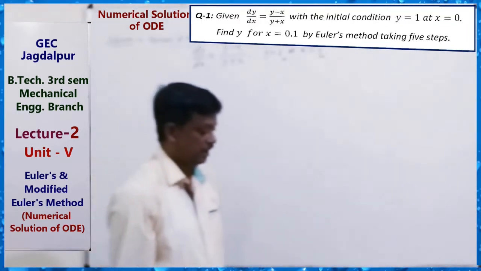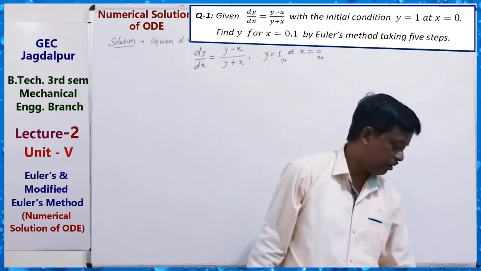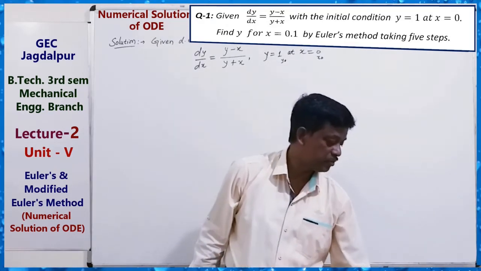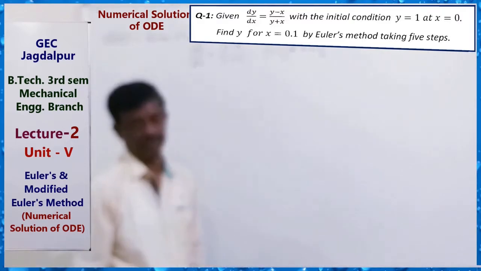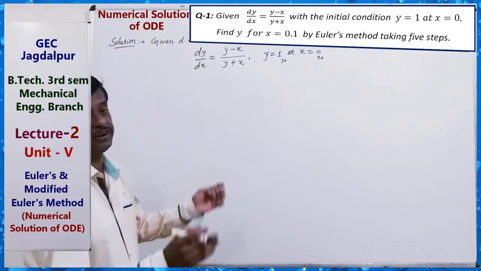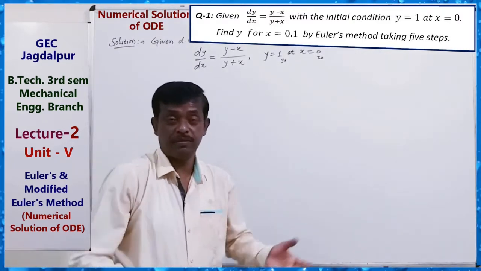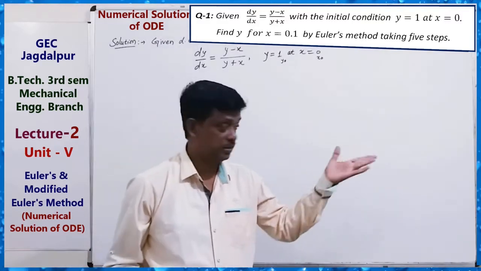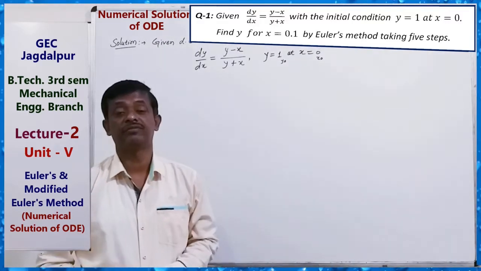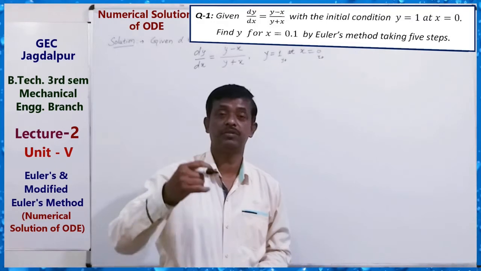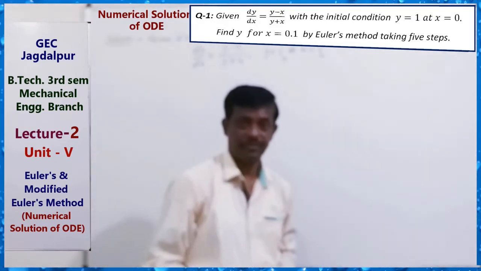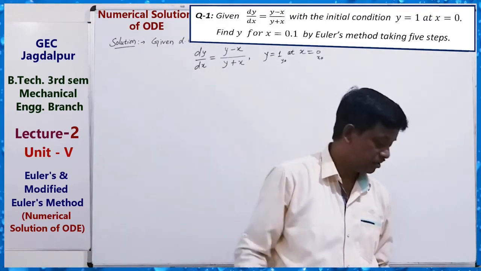Okay? And find y for x equals 0.1 by Euler's method taking 5 steps. So how many steps to take just depends on us. But if the question says 5 steps, then n equals 5.